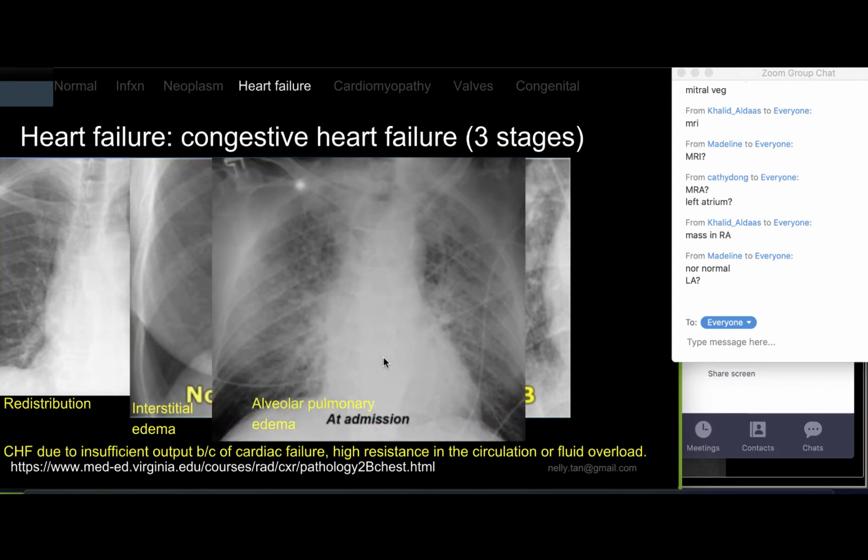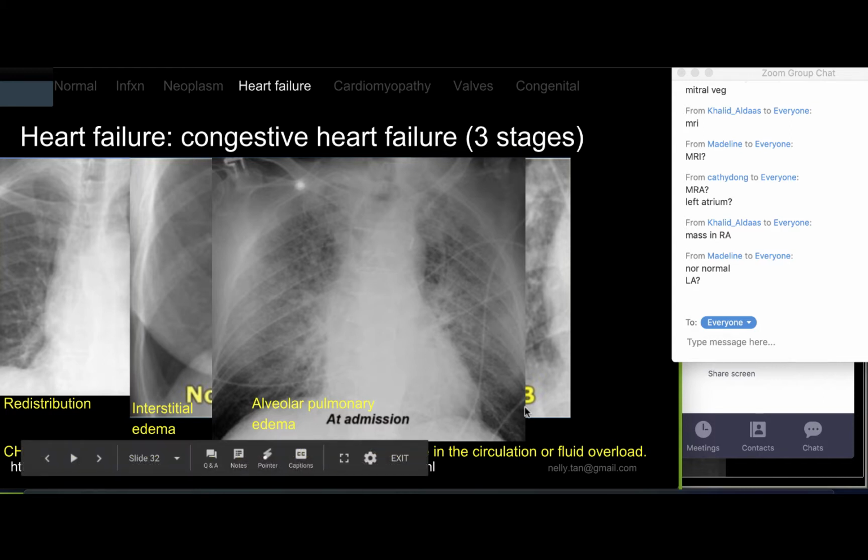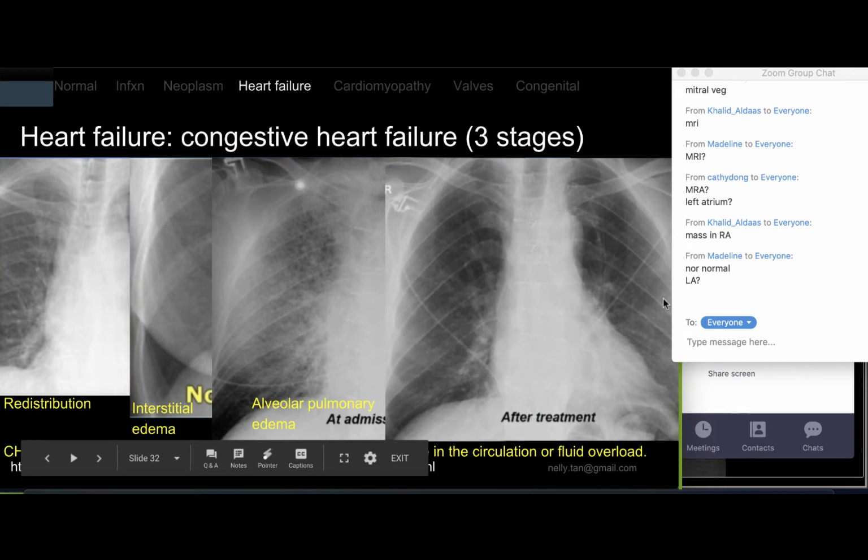If it gets really bad, then it can go into the alveolar space and then into the pleural space, and they get large pleural effusions. After diuresis, their acute CHF symptoms will improve.